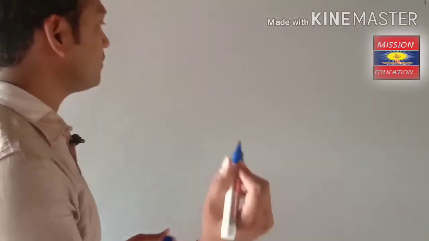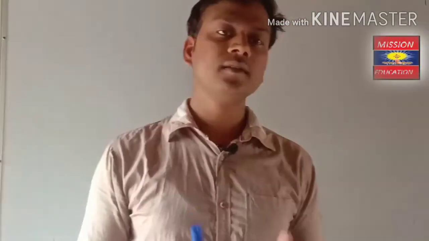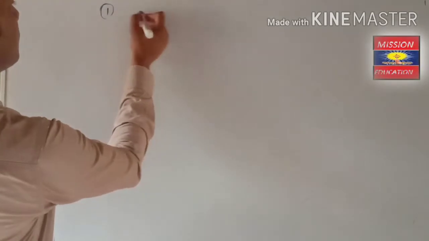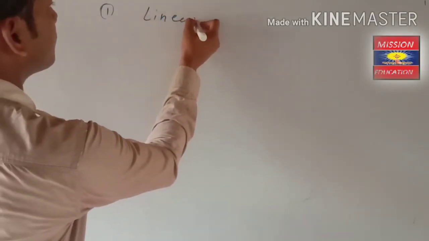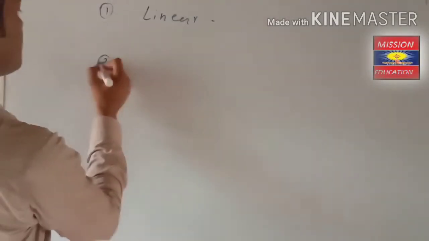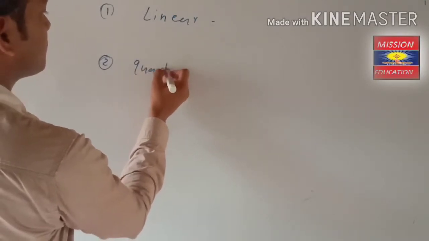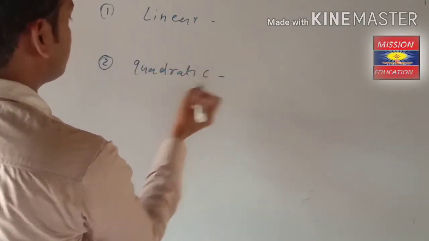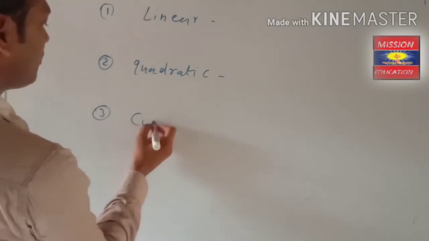In our first class we will try to complete the basic things related to this chapter, and after that we will start one by one all the things related to chapter 2. The types of polynomial: first is linear polynomial, second is quadratic polynomial, third is cubic polynomial.